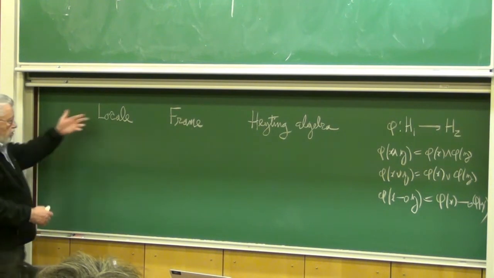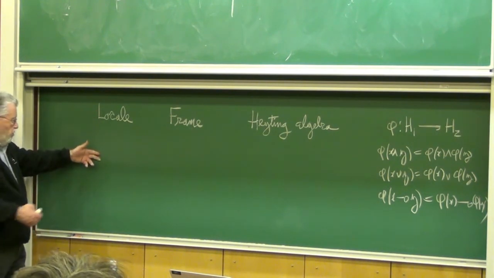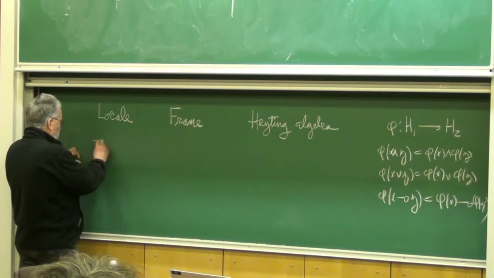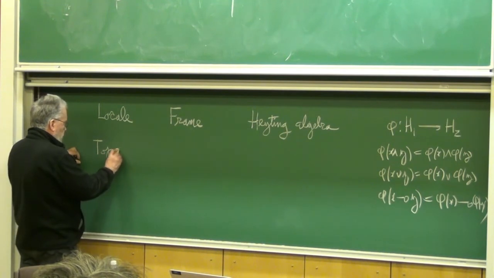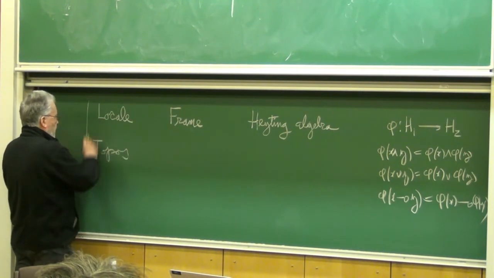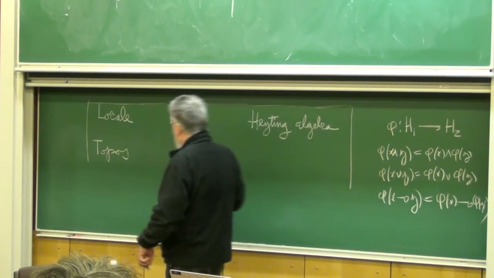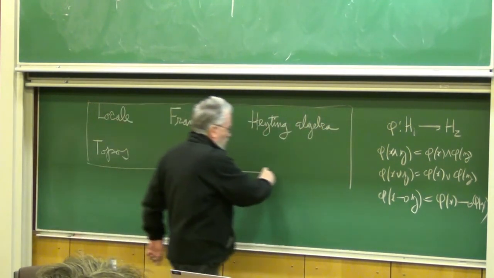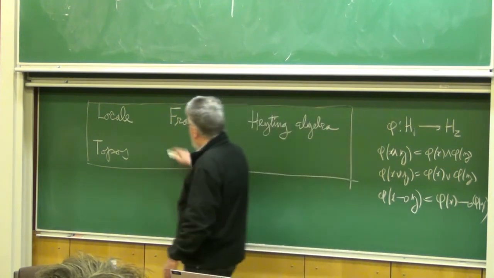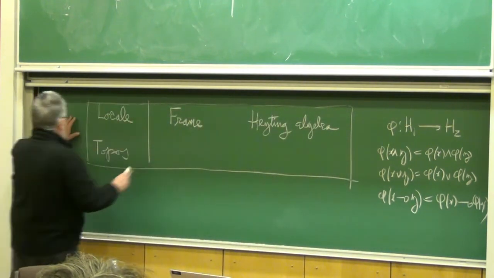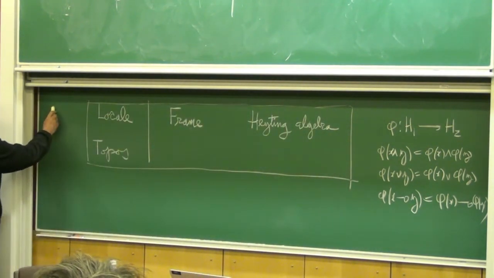Now I'm going to write the corresponding things here. Topos, Grothendieck topos, are like the locales. Remember, this line is about zero-topos.